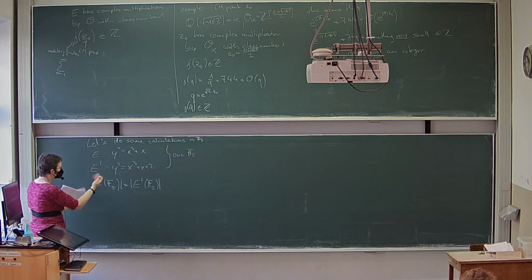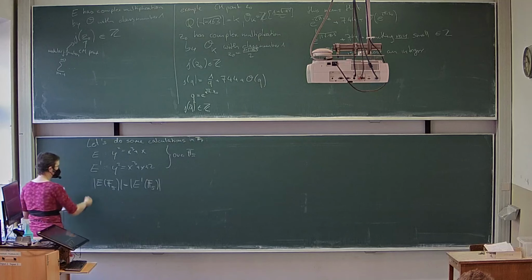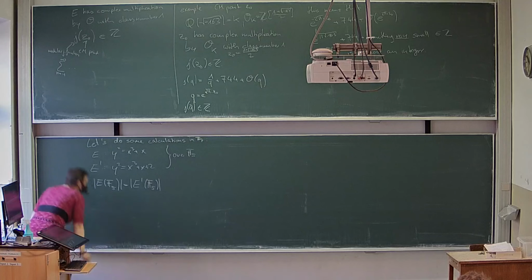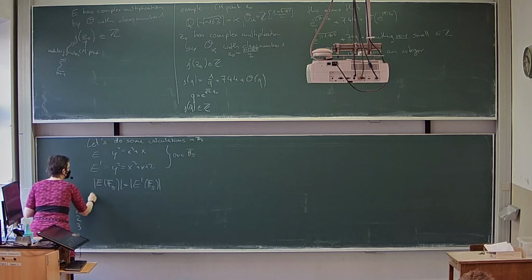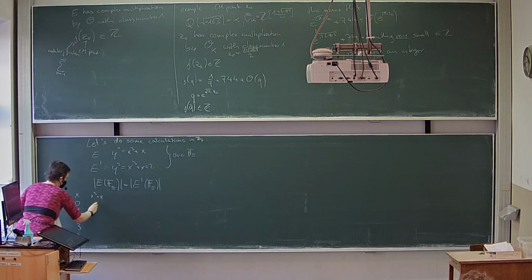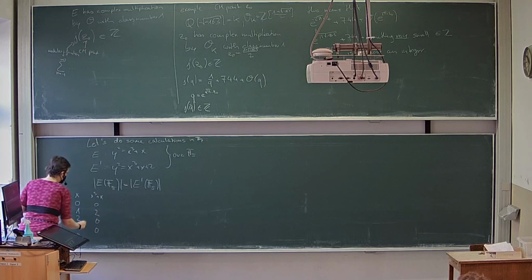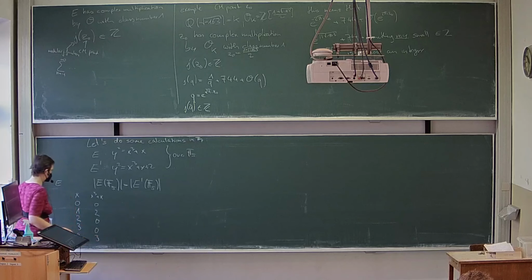A few weeks ago, we learned how to compute those groups. For p equal to 5, we just go through the elements of Fp. So we start with E. This is 0, this is 2, this is 0, this is 0, and this should be 3. Minus 1 minus 2 is 3.